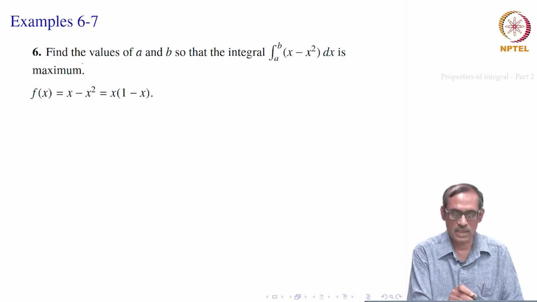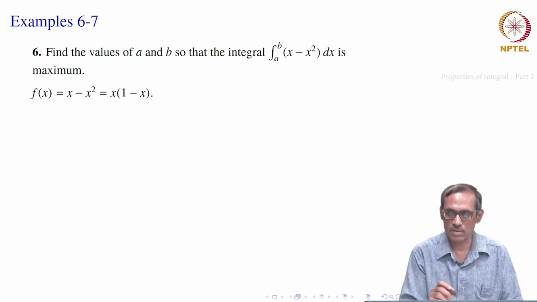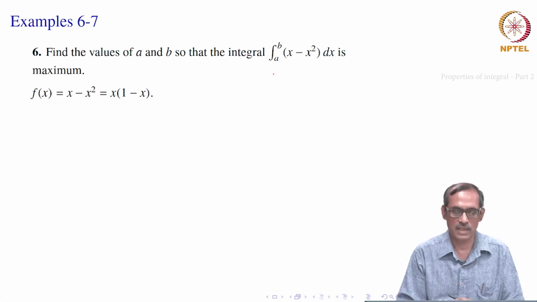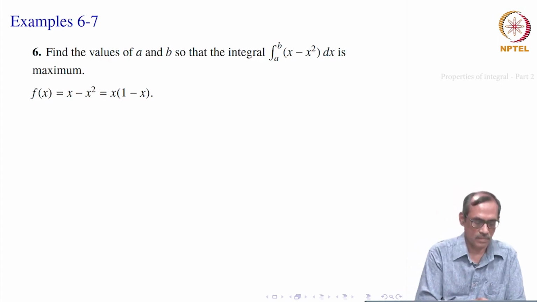But here it is not given what these values of a and b are, they are unknowns. So, this number which is the definite integral will depend on both a and b. So, the question is to choose a and b in such a way that this is the maximum number you will be getting from that, right. That is what we are being asked.